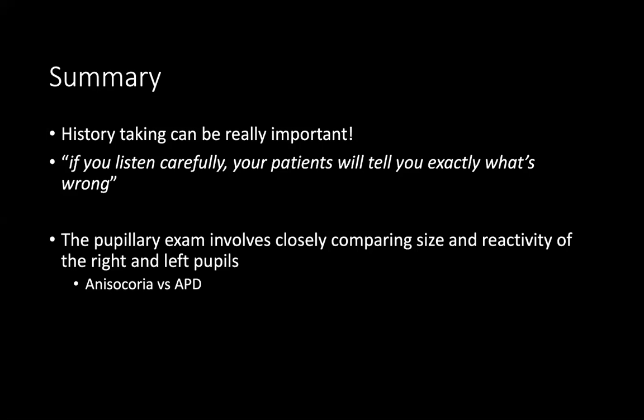There are conditions that it just spontaneously happens in, something like Adie's tonic pupil, which is not visually significant, and we didn't go into depth here, but it is something that would just show up sometimes, and usually that's in middle-aged females. We see it more commonly with that, but it can happen in anybody. But if it is a true and significant anisocoria, it's usually more of a sudden onset. I would not expect it to gradually develop over time.